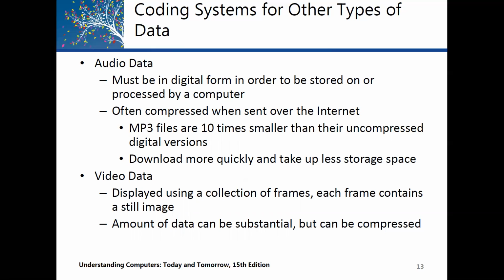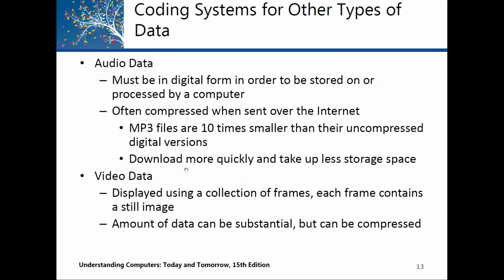But luckily we have compression strategies that compress this data into a smaller size, for example, MP3, right? We all know that MP3 is a compression technique to compress audio files. It is 10 times smaller than the uncompressed digital version. So we can easily transmit MP3 files over the internet and transfer them among different devices, right?